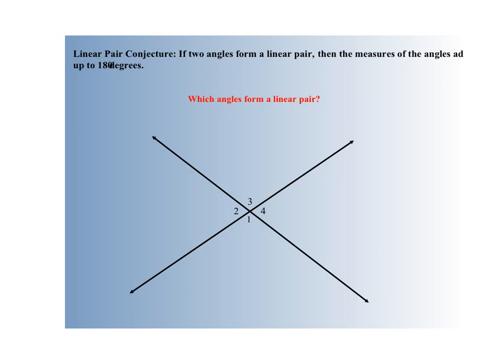Well, angle 2 and angle 3, that's a linear pair, as well as angle 1 and angle 2, and angle 1 and angle 4, as well as angle 3 and angle 4. So I have four linear pairs within this diagram. Let's see what that means for us on the next slide.